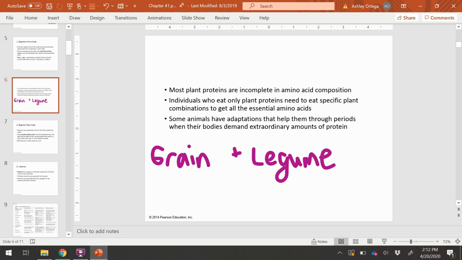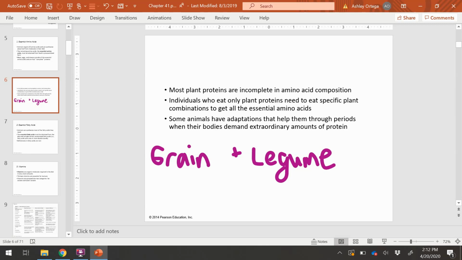Over time, cultures have identified that and put those in their staples. For Middle Eastern cultures, there's hummus and pita: pita is the grain and hummus is the legume. For Central American cultures, rice and beans, grain and legume, get all the essential amino acids. For American culture, a peanut butter sandwich: the wheat is the grain, and the peanut butter, the peanut, is the legume.